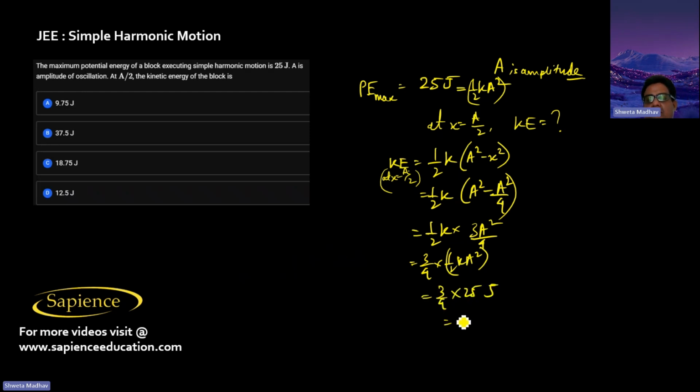So it is 75 by 4, which is equal to 18.75 J. 18.75 J is the required kinetic energy of the block. So option C is the correct answer.